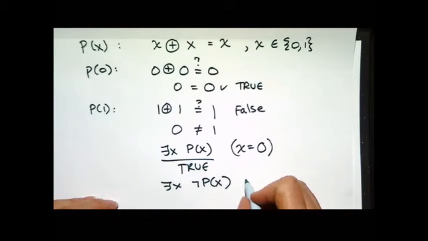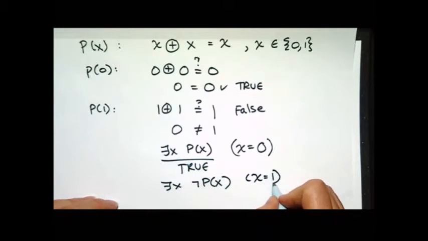So this statement's true also, and the variable value that does that, the x that does it, is actually 1. Any questions so far?